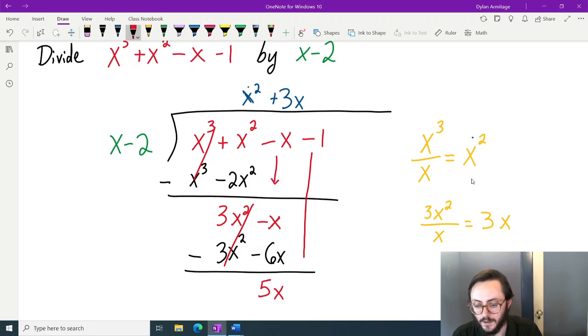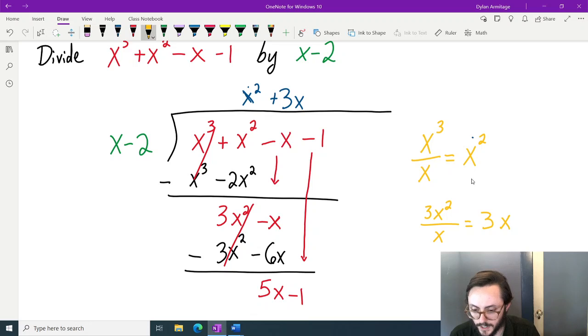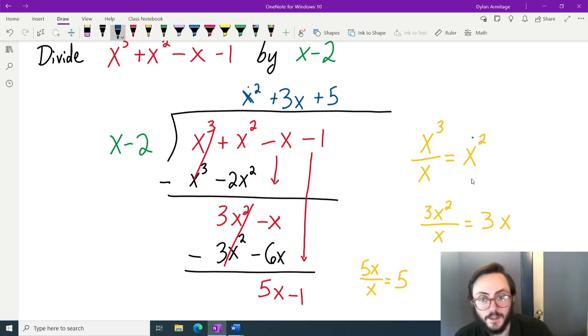And now we bring down the minus 1. Once again, figure out our next term. So that's going to be 5x divided by x equals 5. Okay. So the constant term in the quotient right now is plus 5, and we multiply by 5.